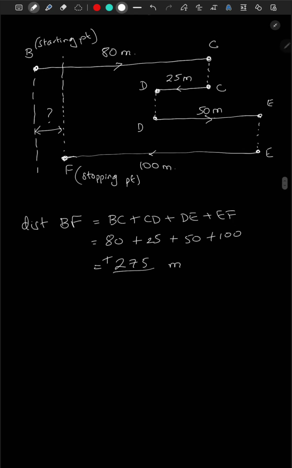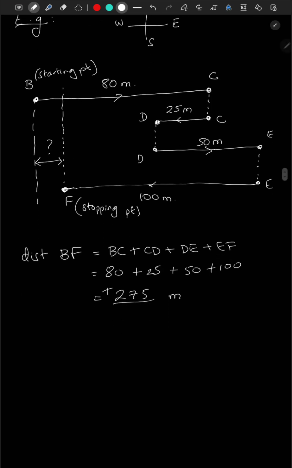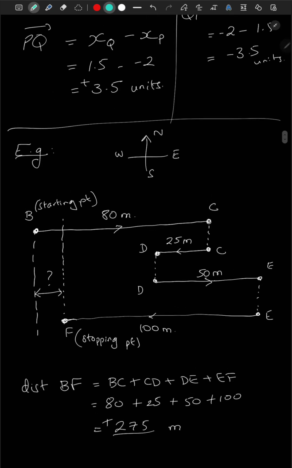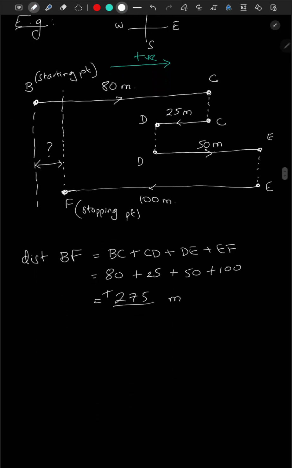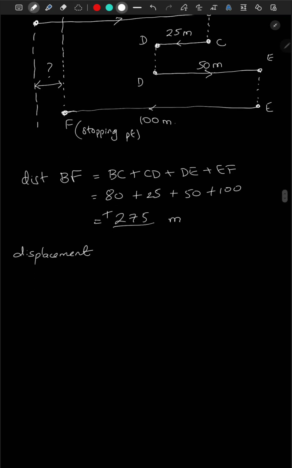Now what if we want to calculate the displacement from the starting point? Okay, now we have to define a positive direction. Let's define the positive direction to be along the east. Okay, this is a positive direction. And now we know that the displacement is given by a vector BF.